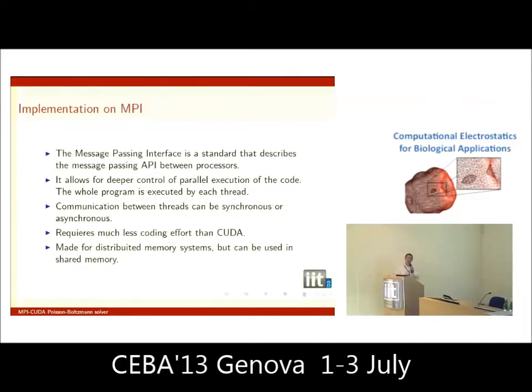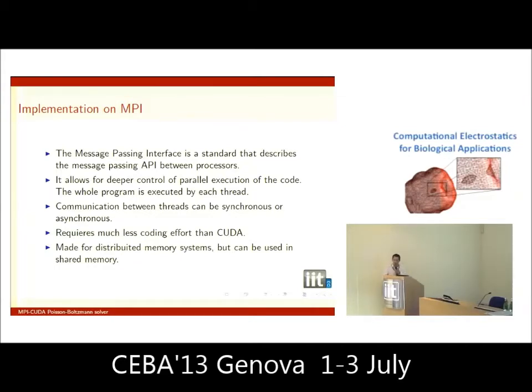So next, we have MPI. MPI is a message passing interface. It's a standard. There are different implementations, and it allows for a deeper control of the parallel execution. It's much simpler than GPU.